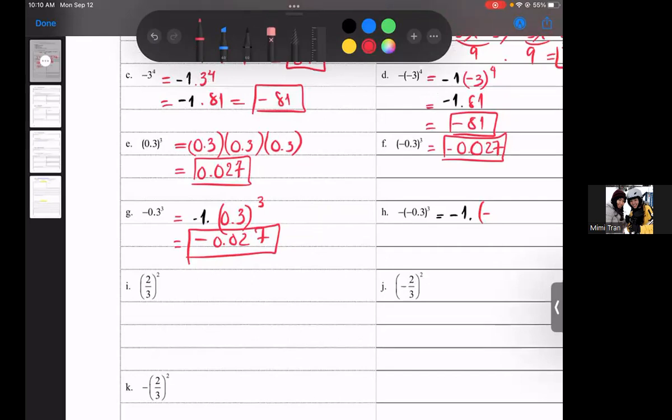My bad, I thought it was G. For G, it's negative 1 times negative 0.3 cubed, which is negative 1 times negative 0.027, which is positive 0.027. Is that what you have? Right. Just one step at a time.